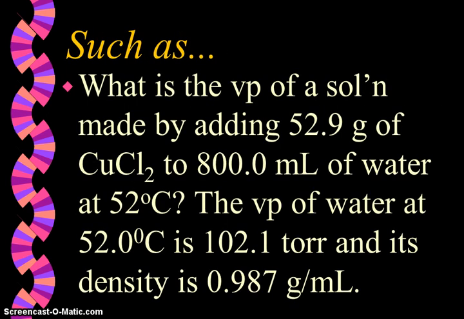So let's look at this as an example. What is the vapor pressure of a solution made by adding 52.9 grams of copper 2 chloride to 800 milliliters of water at 52 degrees Celsius? And it says that the vapor pressure of water at 52 degrees Celsius is 102.1 torr, and its density is 0.987 grams per milliliter.